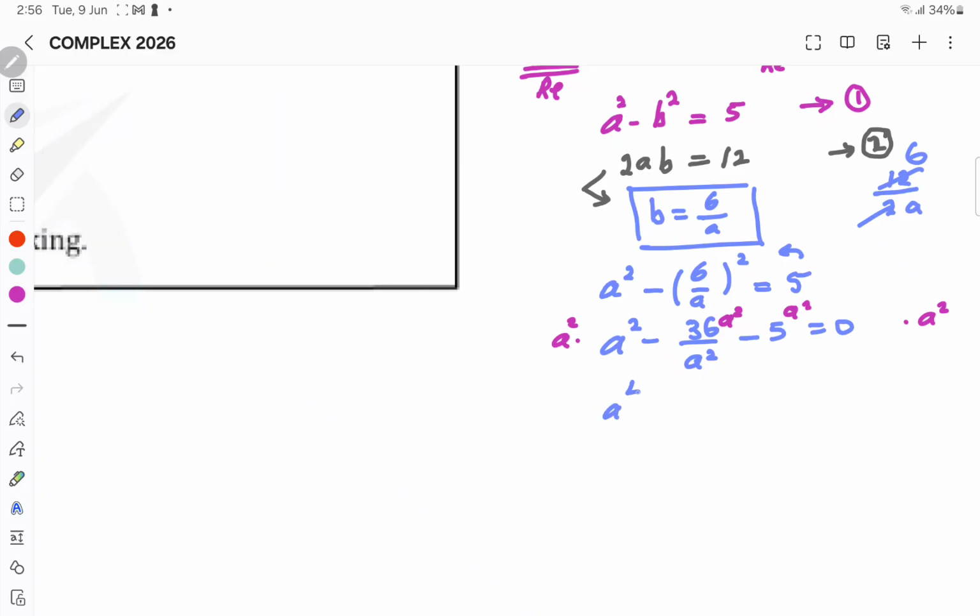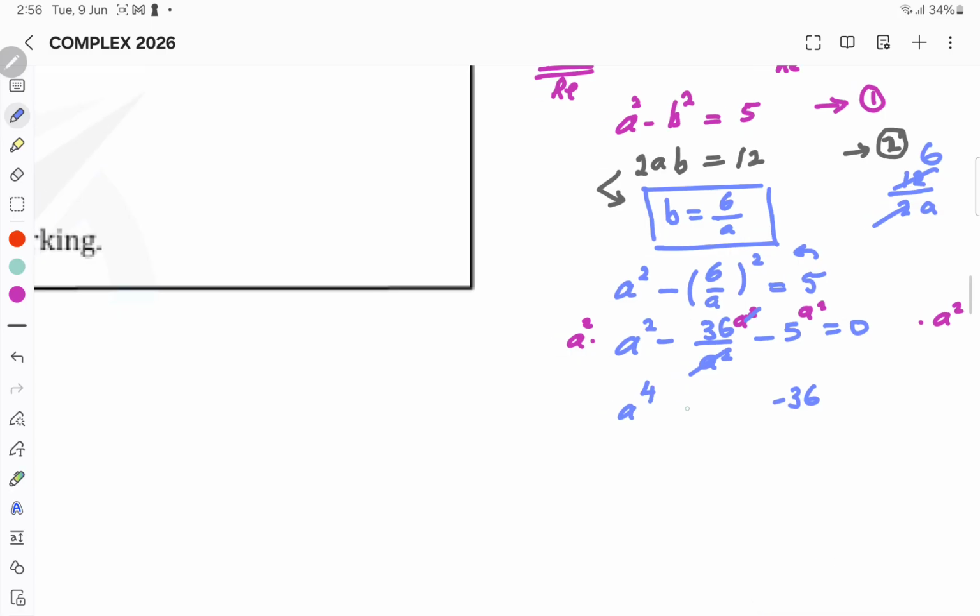So it will be a to the power 4 minus, that cancelled, 36, keep it at the end because it's the constant value, then minus 5 times a squared, all of that equal to 0. Solve the equation using mod 3 and complete like the previous one. And I think you will get a question like this in the final. I hope you solve it.